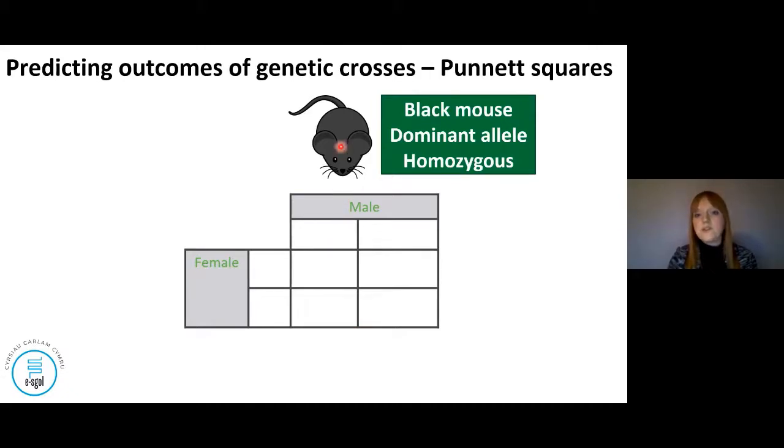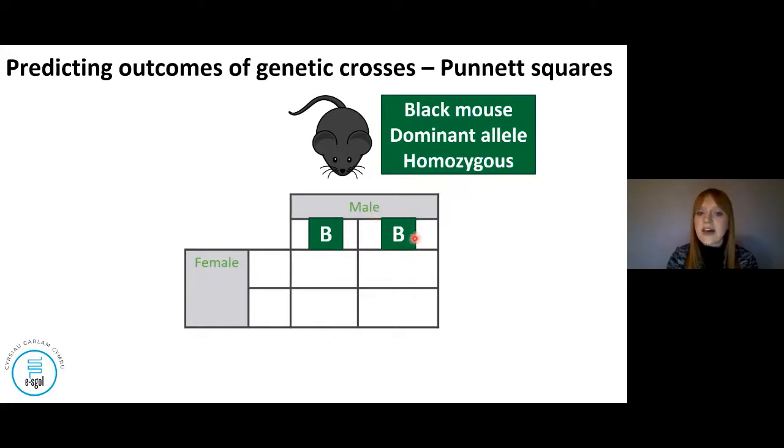Okay, so when we talk about the male, he's a male black mouse, and I'm telling you that he is homozygous. So this homozygous black mouse is going to be capital B, capital B. That's his genotype. Now, the reason we put them in boxes like this is because these are the male gametes.